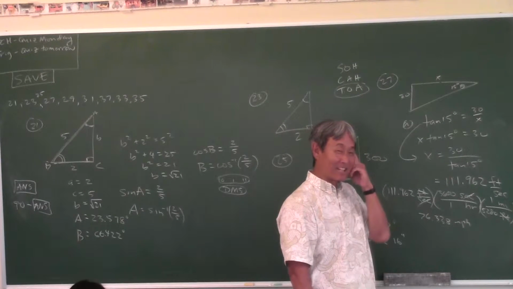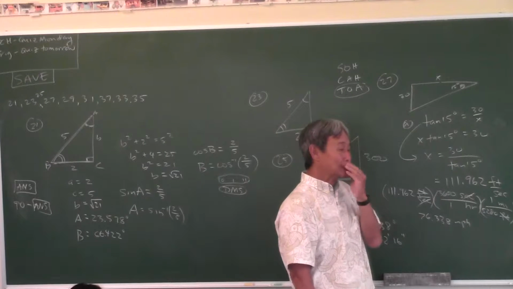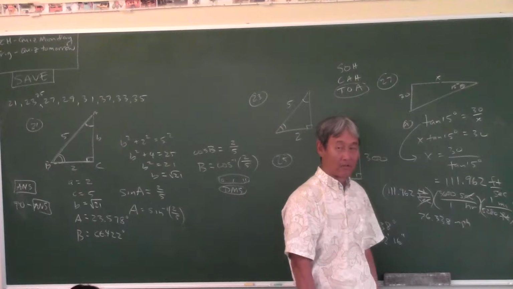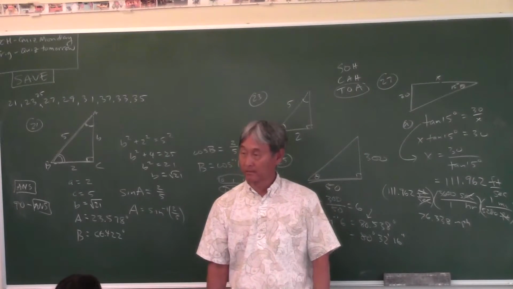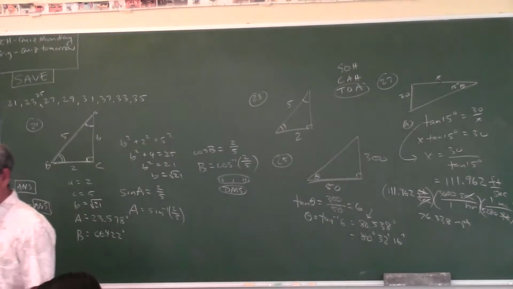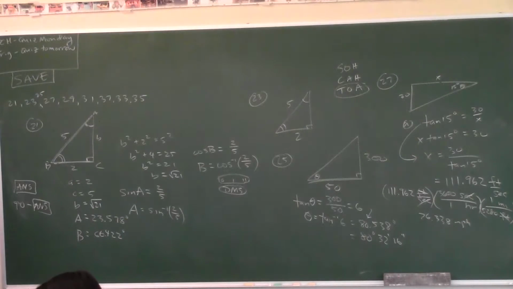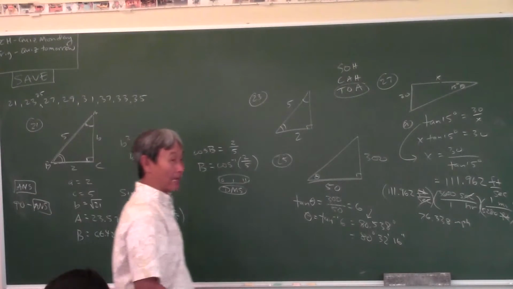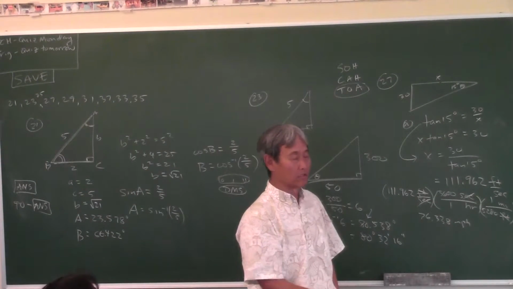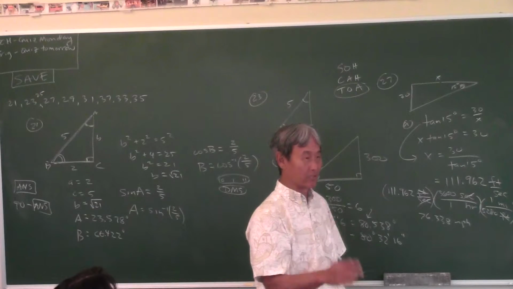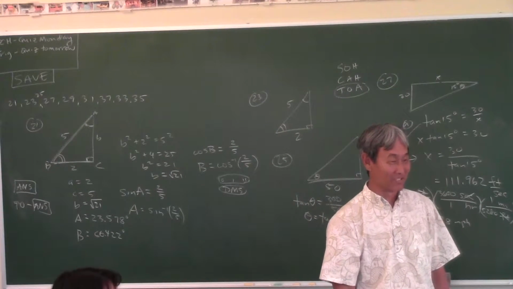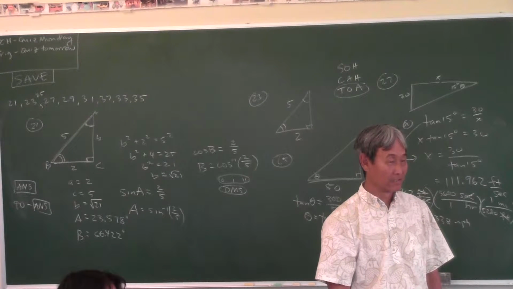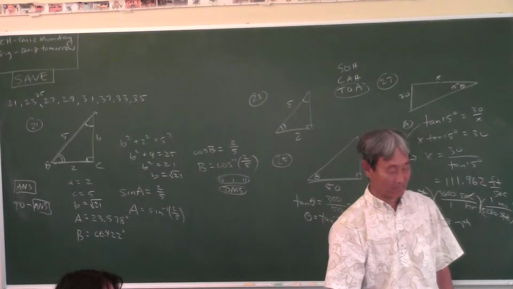Oh, so we need a decimal answer. That's a good question. I don't know. I'll Google it after. Oh, here I found it. You press the fraction to decimal button.